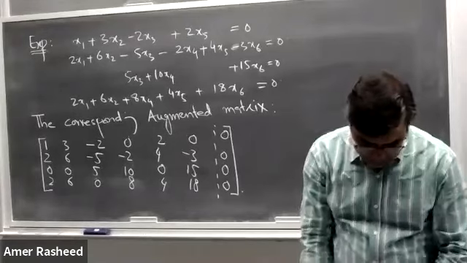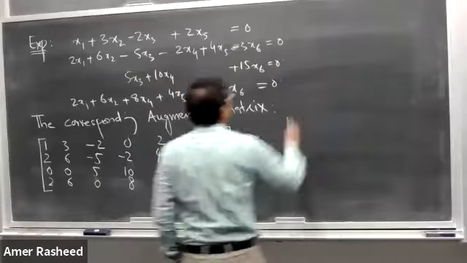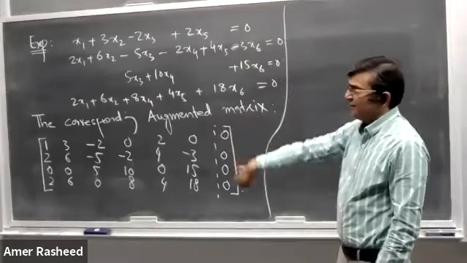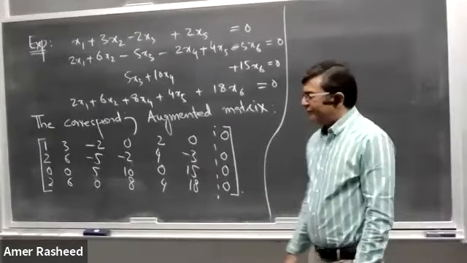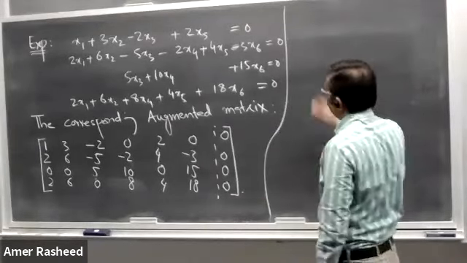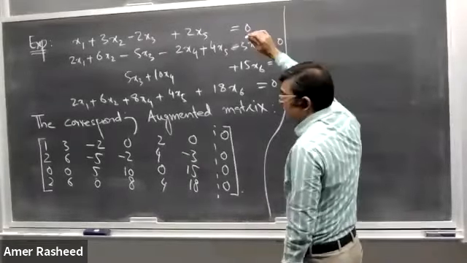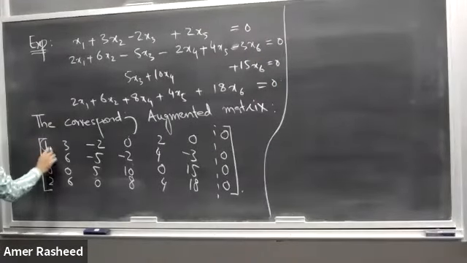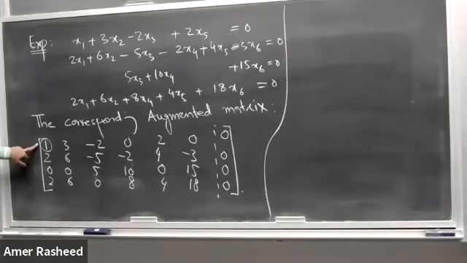So after writing the augmented matrix, what do we do? We apply row operations to convert this matrix into reduced echelon form, or at least echelon form. So what operations can we apply here? The first thing is that we should have 1 here. Fortunately, we already have 1 here.